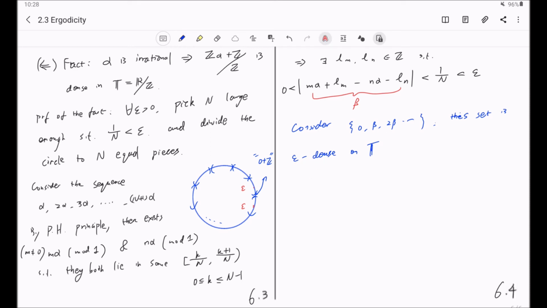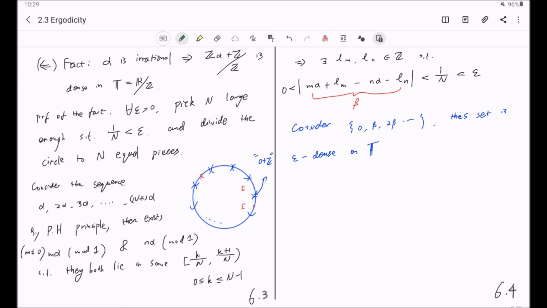That means every point on this circle is within epsilon of some point in this set. So if I pick any point in the circle, there must exist a multiple of beta such that it falls into this interval. And in particular, this point and that multiple of beta has difference less than epsilon.